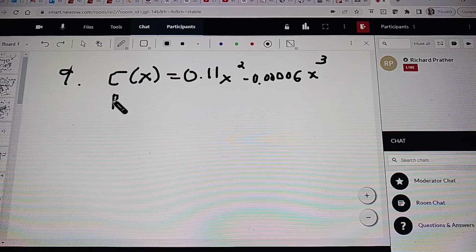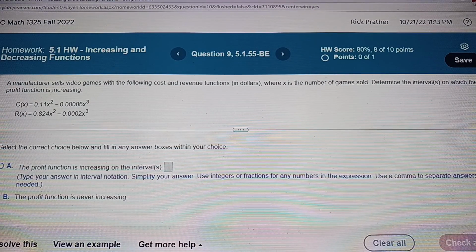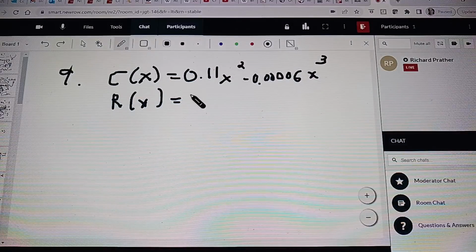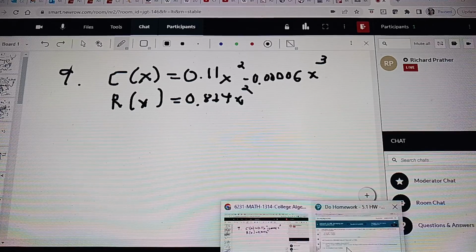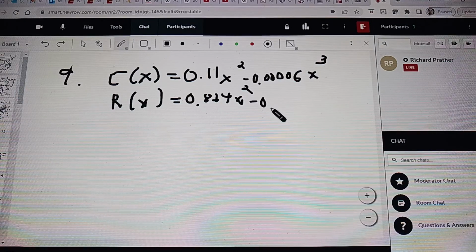The revenue function, revenue is the money you bring into your business, 0.824x squared minus, and this one has 3 zeros, 0.0002x to the third.